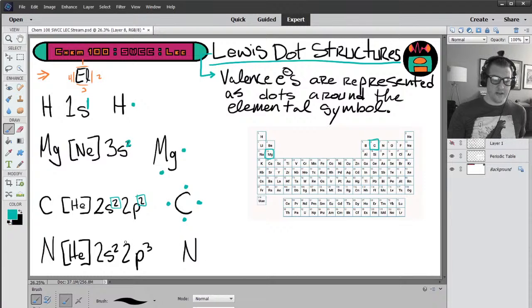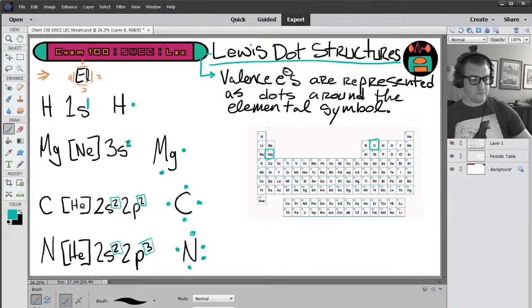So you'll notice we have 2 plus 3, or 5, valence electrons. So nitrogen is going to get 5 dots: 1, 2, 3, 4, and now we have to double up. So we have 5.